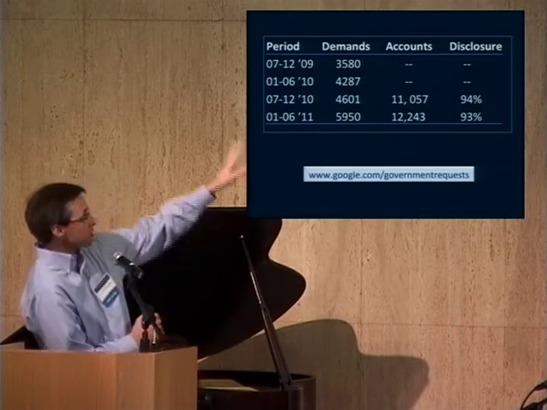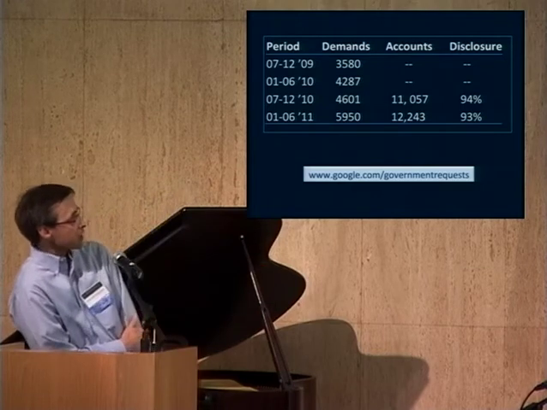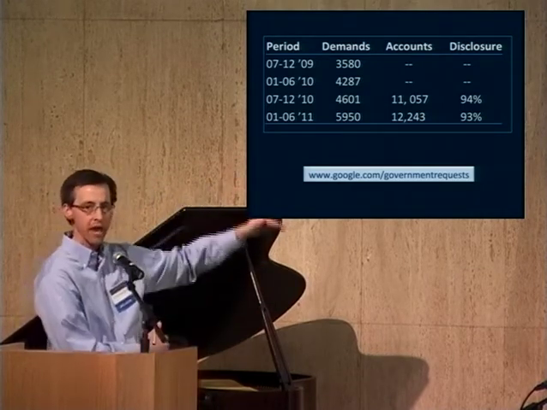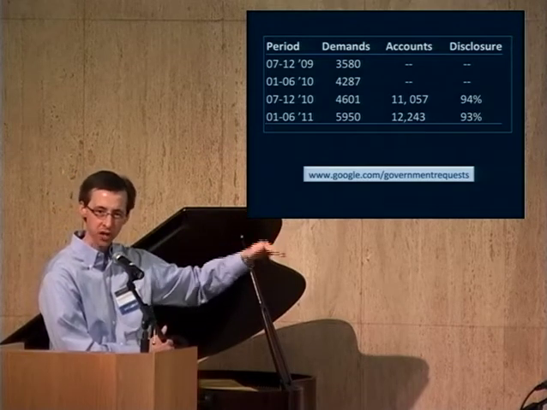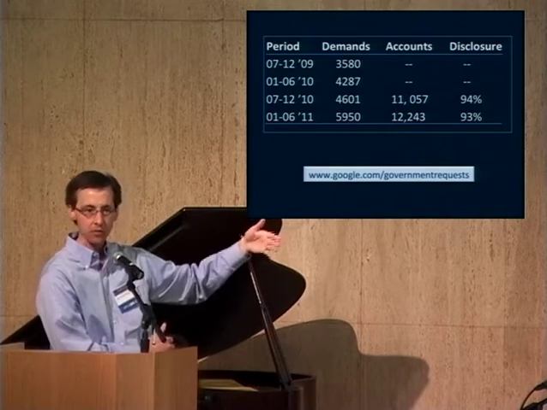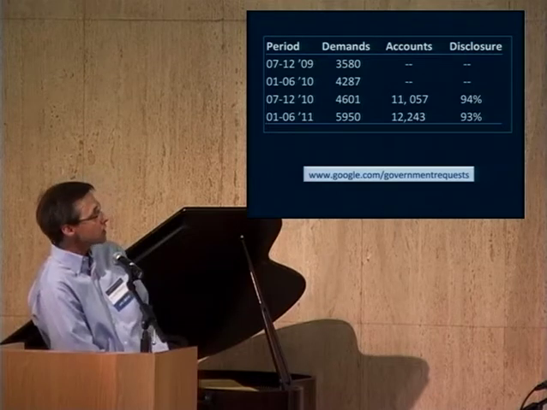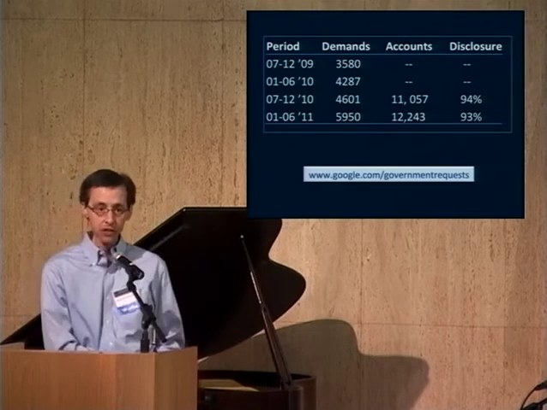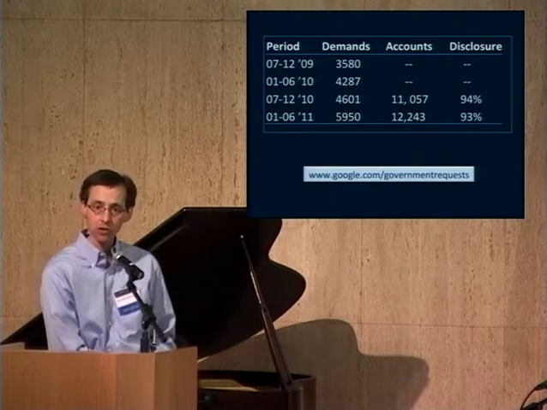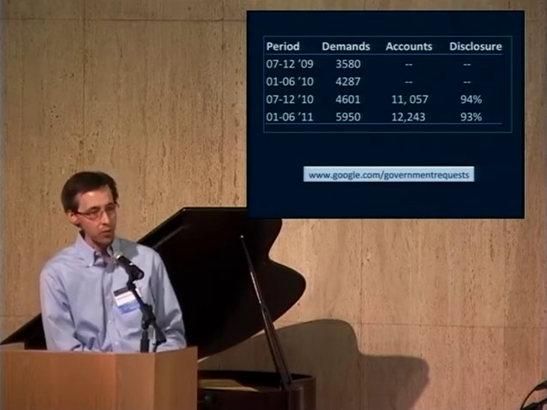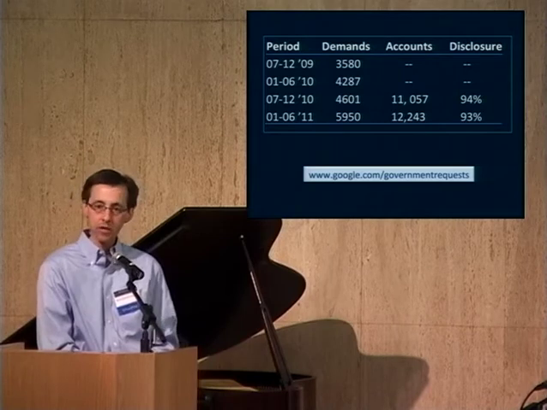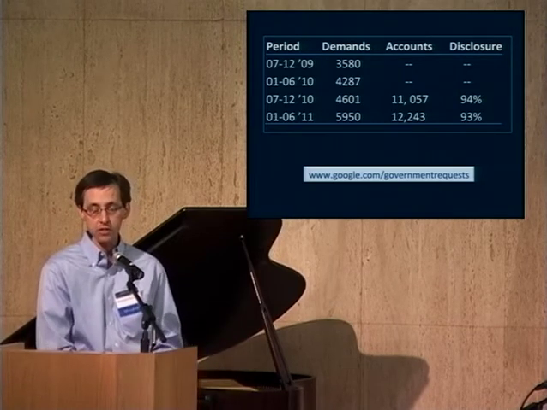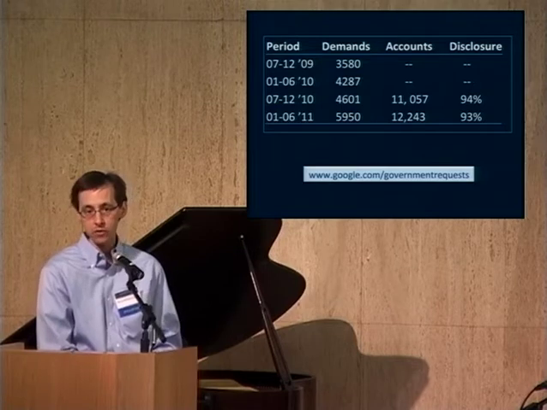We'll be having our next six months coming out pretty shortly. And the more of this we have, the more useful it is, because you can start really seeing trends that aren't just glitches in the numbers. The trends already show it's definitely increasing year after year. There can be lots of reasons for that. We have more users. It may be that law enforcement is getting more used to using the type of legal process needed to compel production from providers.